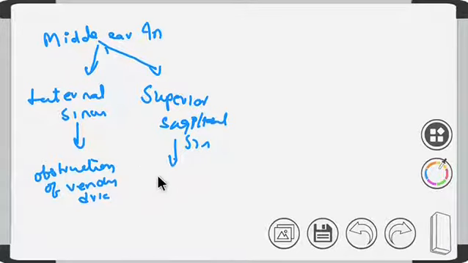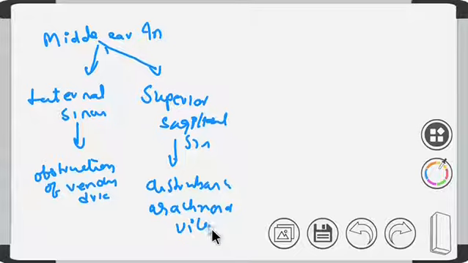When there is inflammation of the superior sagittal sinus, it results in disturbing the function of arachnoid villi. As all of us know, what does arachnoid villi do? The arachnoid villi absorb CSF, right? But here, due to disturbance in the function of arachnoid villi, it results in the accumulation of CSF, which results in increased CSF pressure.